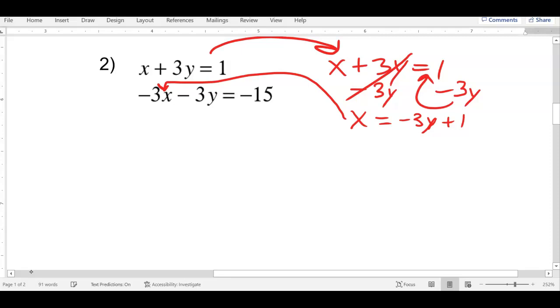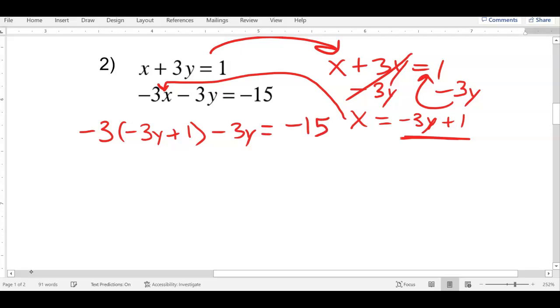Now, I'm going to rewrite that equation. -3, but instead of x, what am I putting? -3y plus 1. We just solved for x, right? x equals this thing. So that's what's going to go into this x. Bring down the rest of it. -3y equals -15.